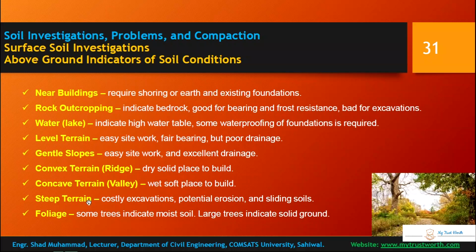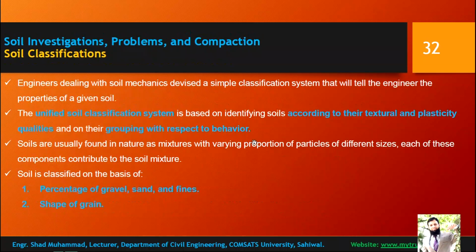Steep terrain means the slope is too steep, with costly excavation, potential erosion, and soil susceptible to sliding. Foliage: some bushes and trees indicate moist soil, and large trees indicate solid ground. So these are very fundamental to human senses, showing how surface soil investigations can be categorized based on your basic senses.